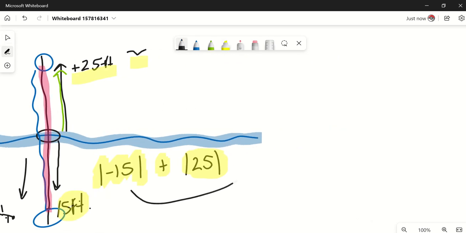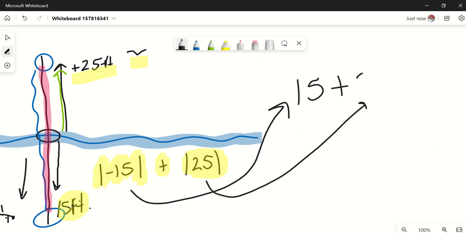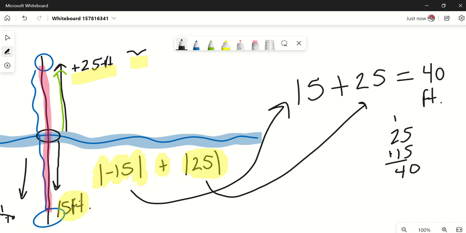The absolute value of negative 15 will be 15, plus the absolute value of 25 will just be 25. When I add these two together, I'm going to get 5 plus 5 is 10, carry the 1. 1, 2, and 1 will make 4. My distance between the two should be 40 feet.